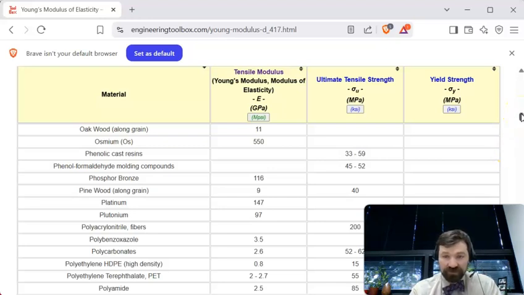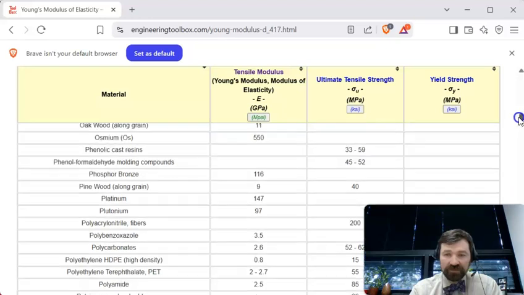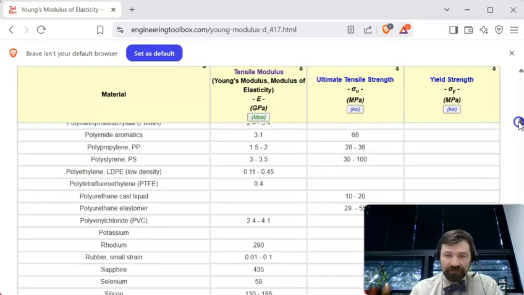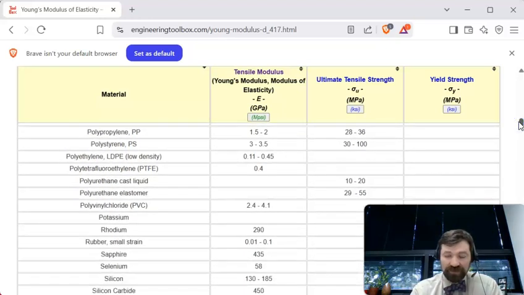Before I go into the example, it's worth noting that there's such a thing as an ultimate tensile strength and a yield strength that we aren't really interested in talking about today. But they, in some sense, put some limits on some of this. You can exceed some value of stress and of strain and have the object that you're applying this to simply fail, like it breaks.